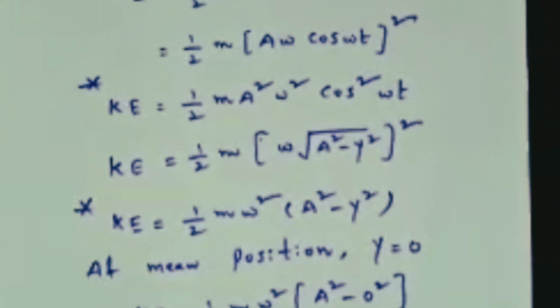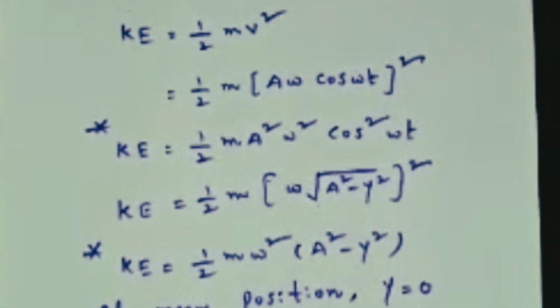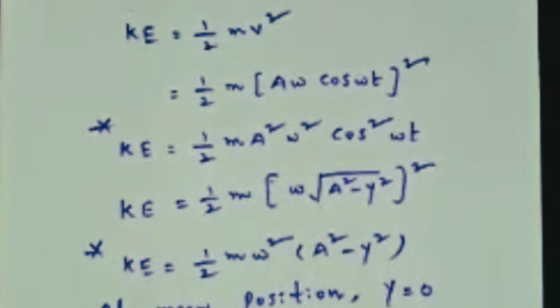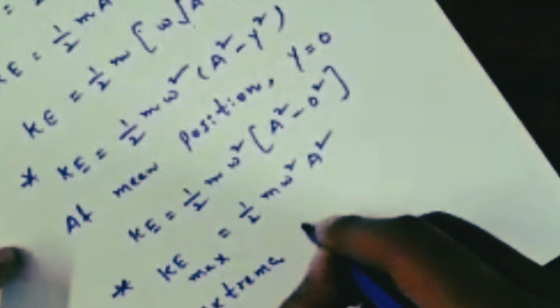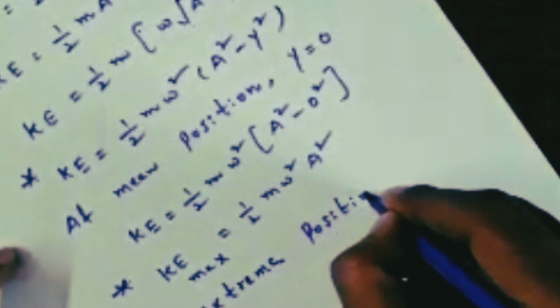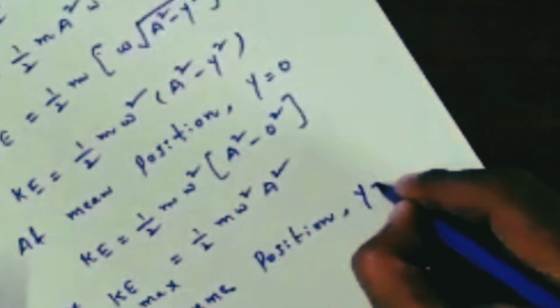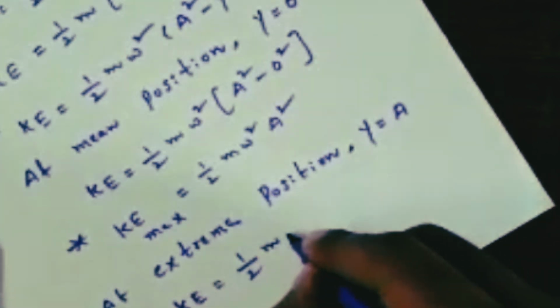Okay, now at extreme position, y is equal to a. Then KE is equal to half m omega square, a square minus y square.